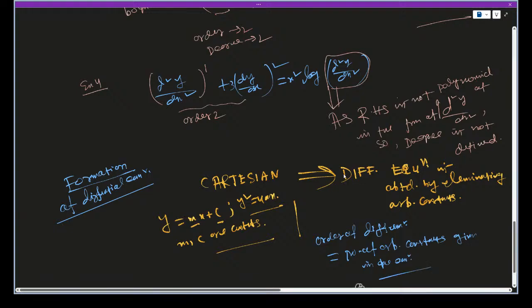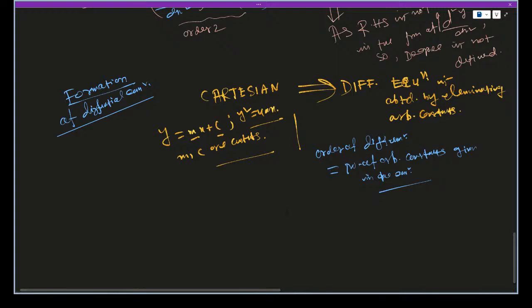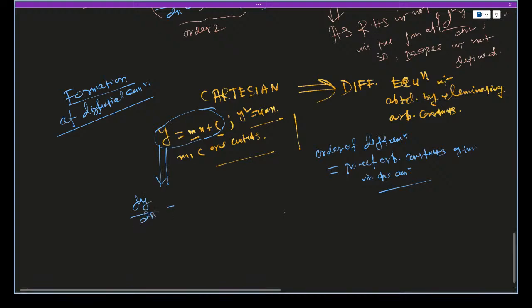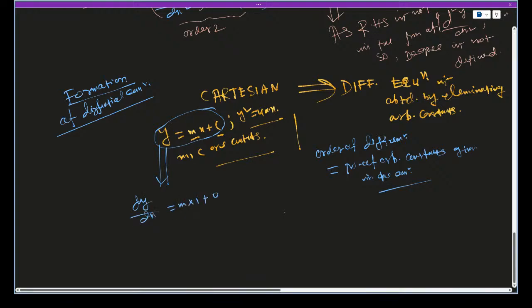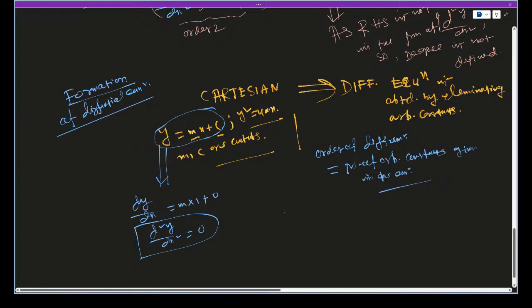Okay? For example, what is the differential equation of a straight line? Straight line is in this general gradient form. So if you differentiate, dy by dx will be m into 1 plus 0. Just differentiate again. What do you get? It is a differential equation of order 2. Two arbitrary constants, you can differentiate twice. So order 2.